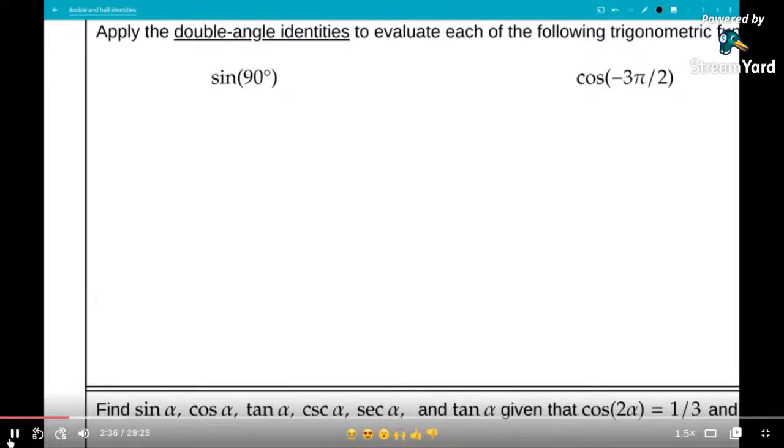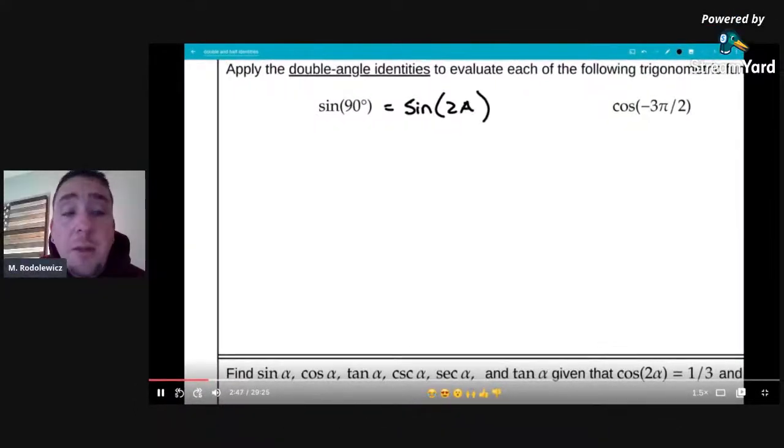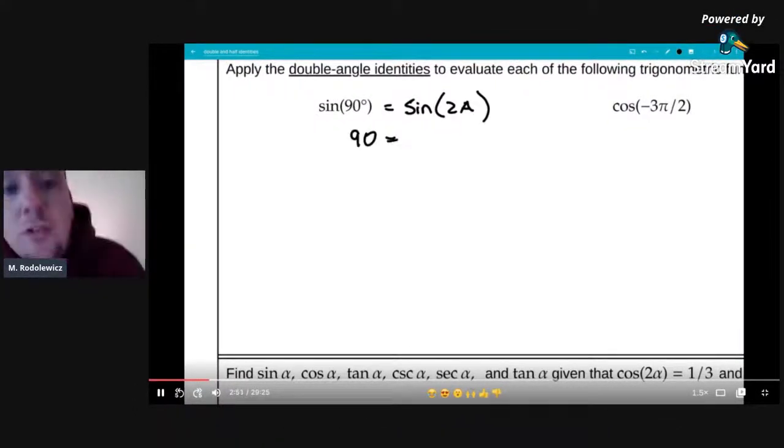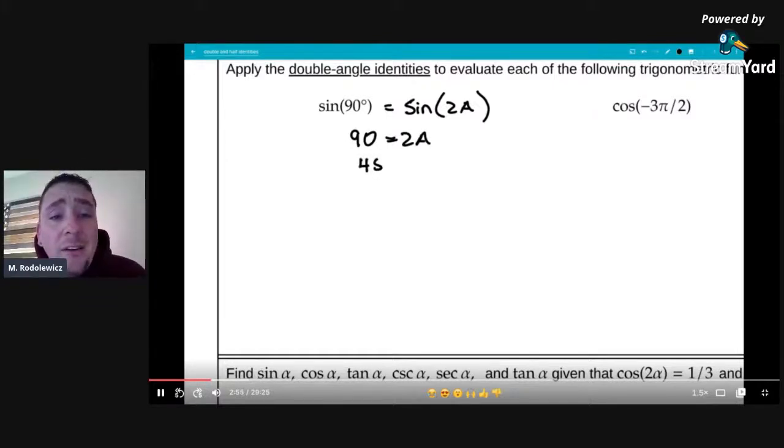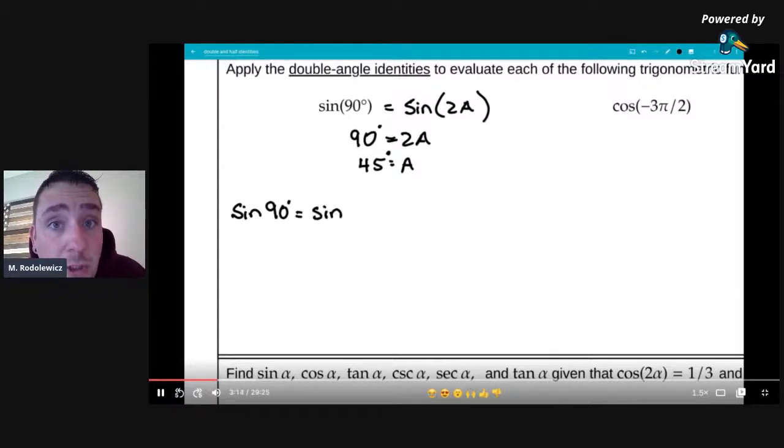Now we're going to apply the double angle identities. The first thing I need to be able to do is write this as 2 times an angle. Well, 90 degrees is 2 times some angle. I don't even really need to show my work. 90 is 2 times 45. So that I am able to structure this into a double angle, I'm going to write sine of 2 times 45 degrees, replacing 90 with 2 times 45 degrees.